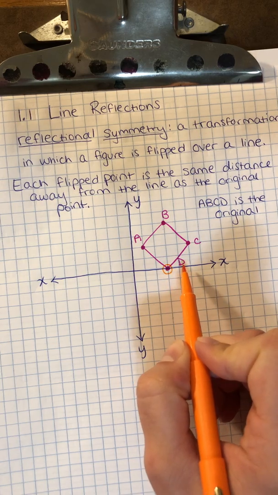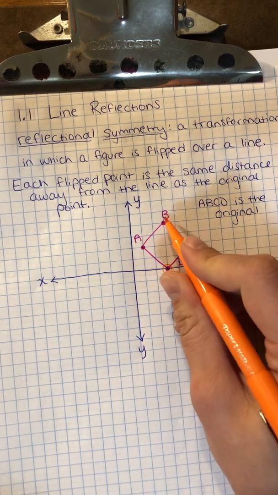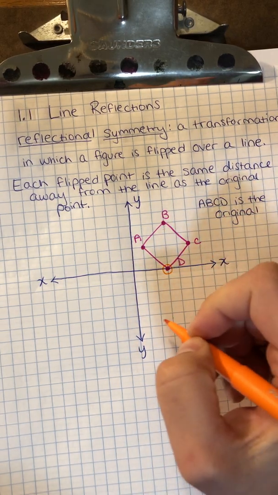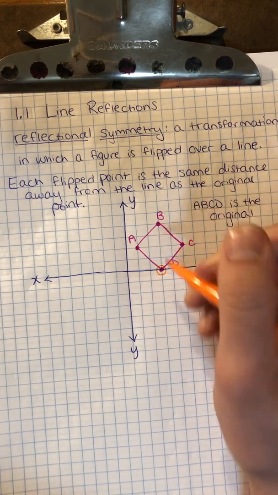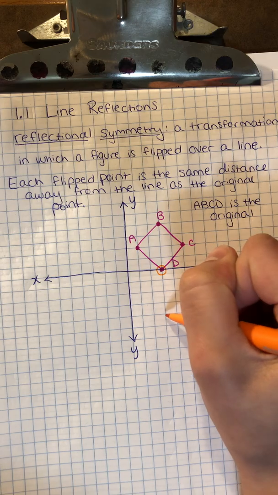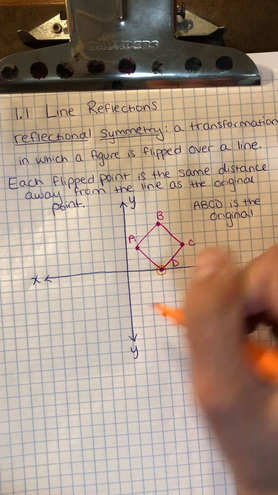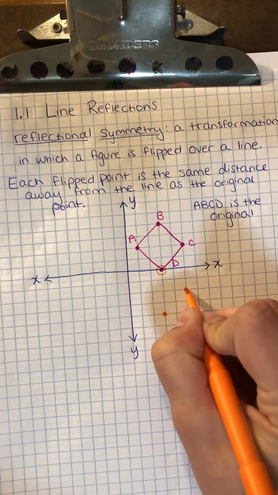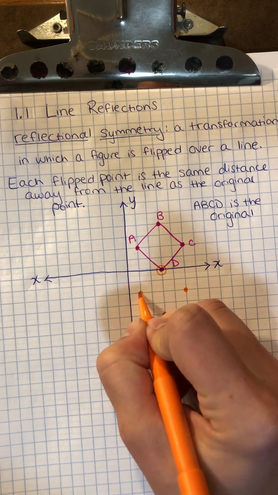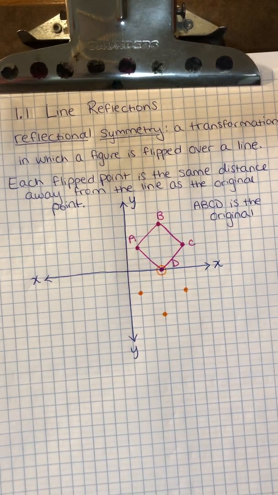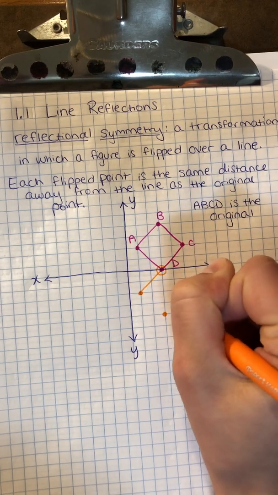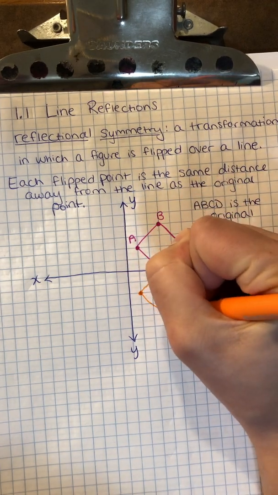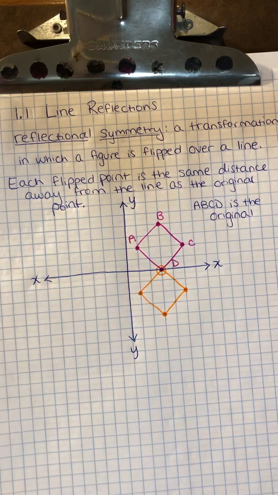So D is not going to go anywhere. But A, B, and C will flip over the line. So I'm going to start with B, 1, 2, 3, 4 boxes, put a dot. And then connect my dots to show that it's the exact same tilted square that we started with.